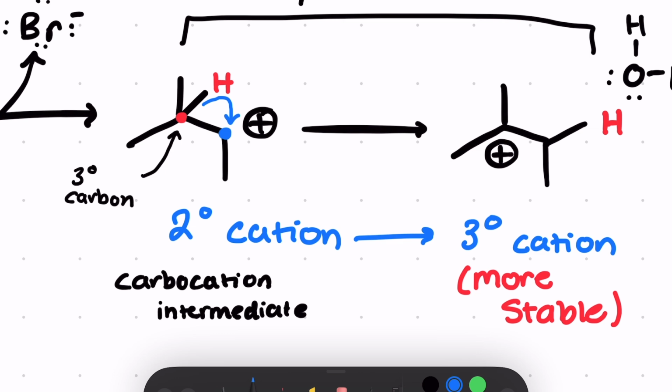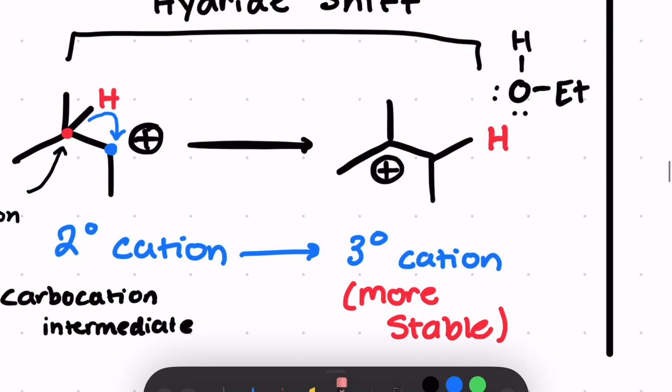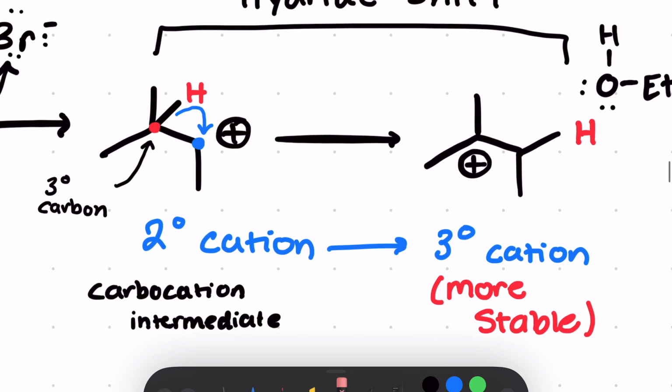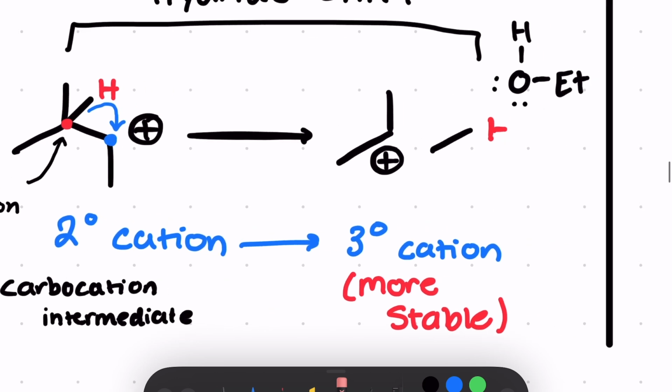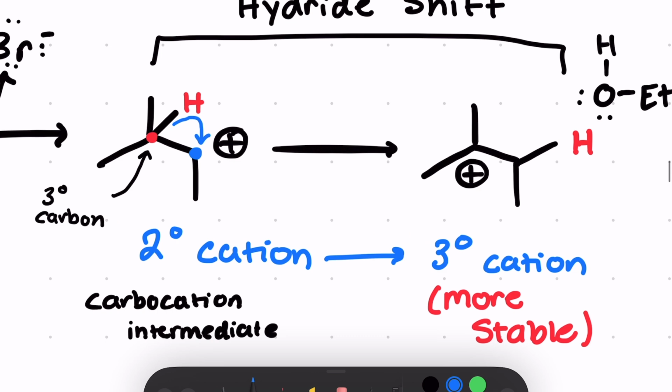That hydride is literally picking itself up and moving to go to the carbocation. So that hydrogen that was on this tertiary carbon is now on that secondary carbon. So that hydride has picked itself up and moved itself over.